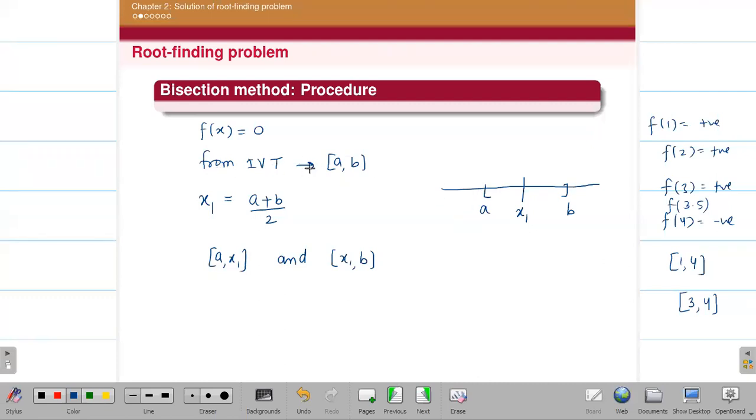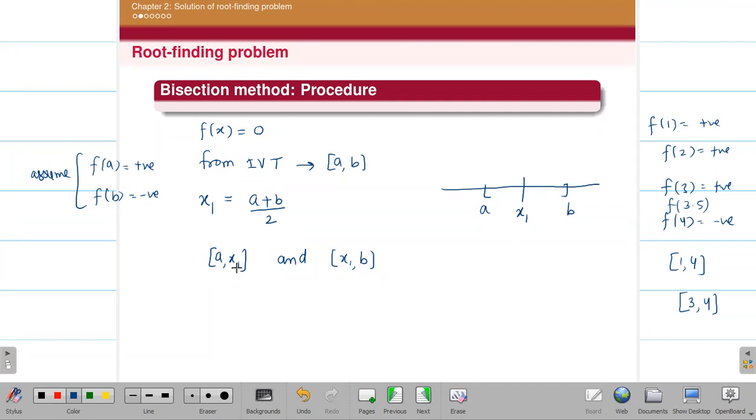Suppose from the IVT you have decided this interval. Suppose f of A is positive and f of B is negative. That we have assumed. You can take negative positive also. Suppose for simplicity, I'm taking positive negative. Okay.